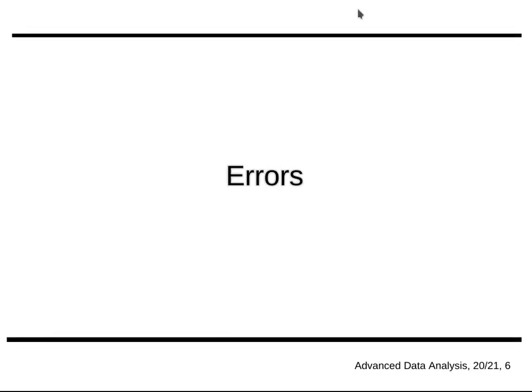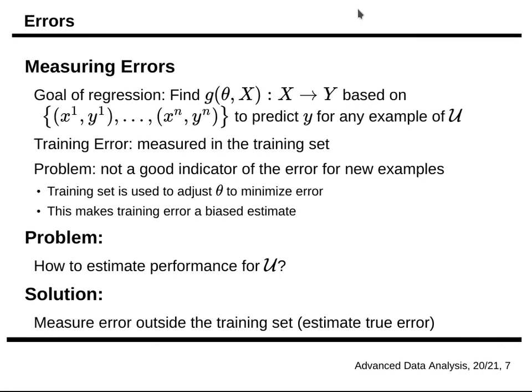So let's see these errors in a bit more detail. Our goal in regression is to find the parameters of a function, a function with some parameters that we adjust, in a way that when we input x into that function, we can predict the values y that we want to predict. We determined the parameters by minimizing the error we were measuring on the training set.